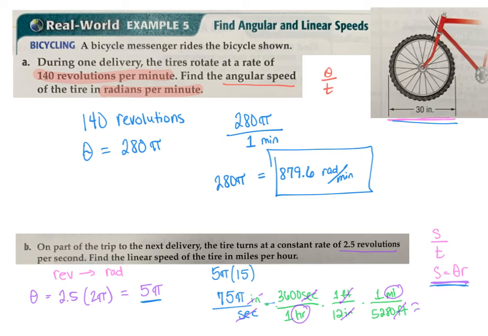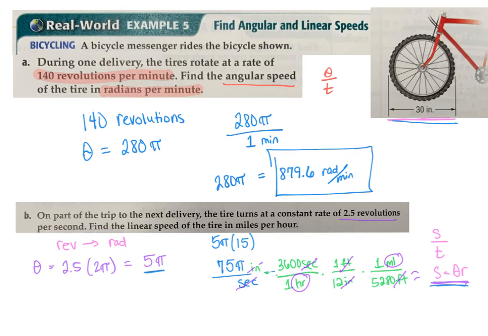And then of course in your calculator, you can just multiply across. 75 times pi times 3,600 divided by, make sure you use parentheses when you do your denominator, open parentheses, 12 times 5,280. So in your calculator, it will look like this.